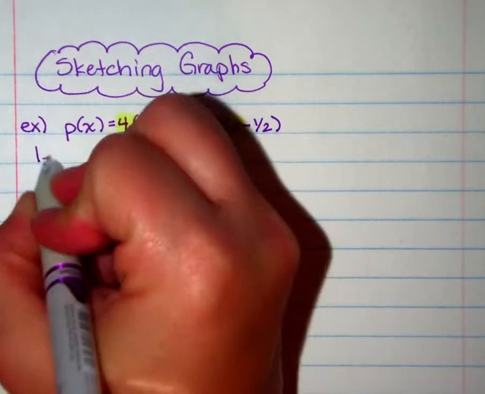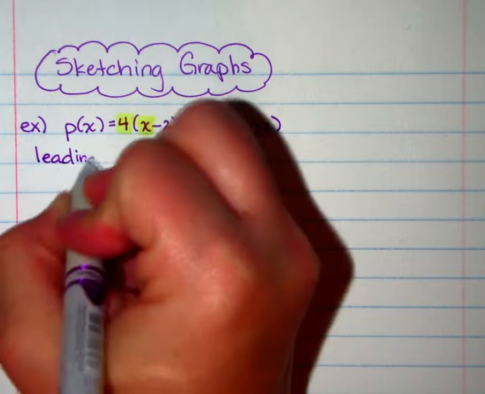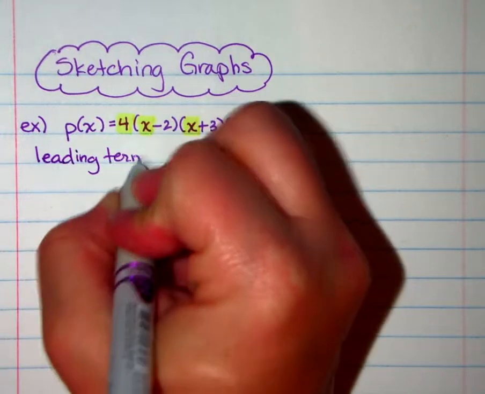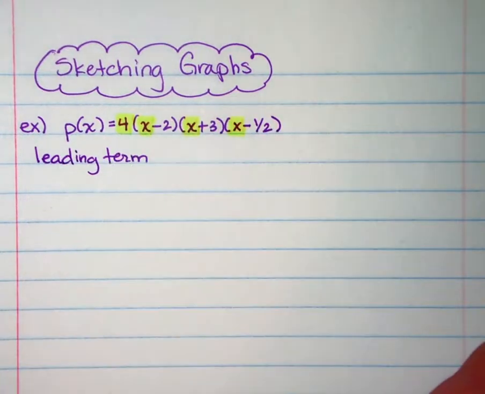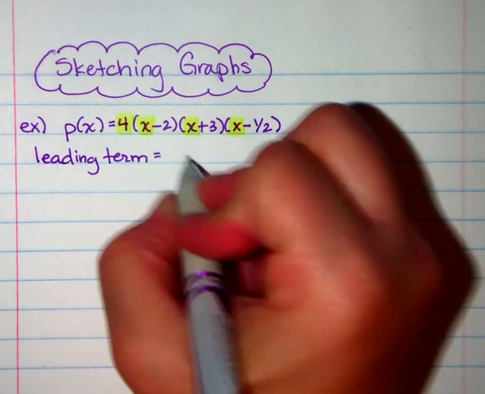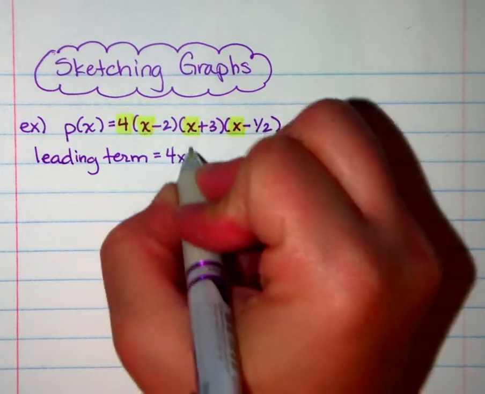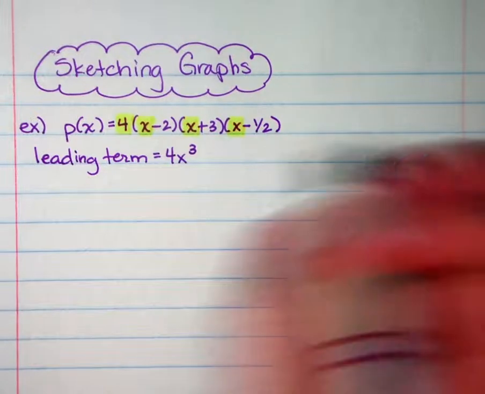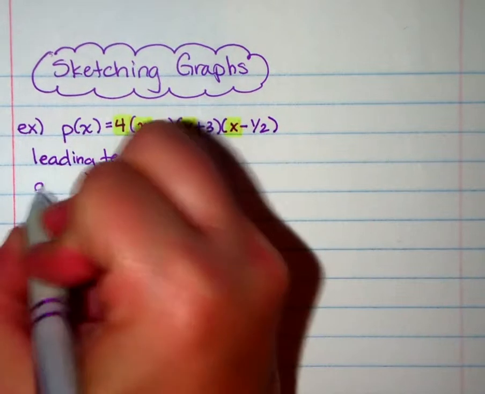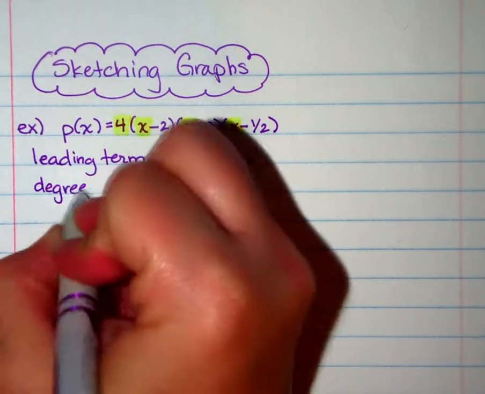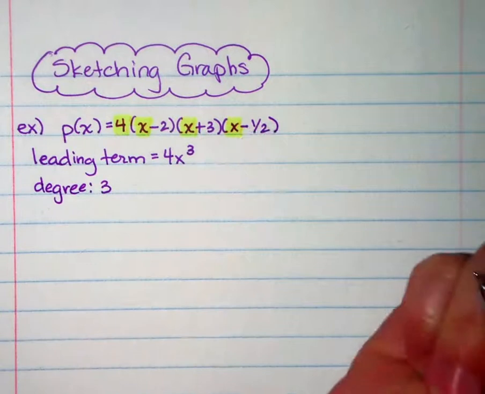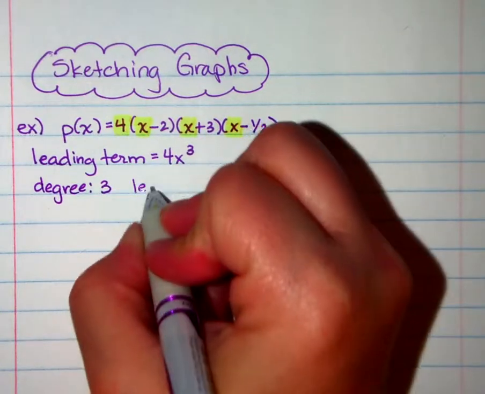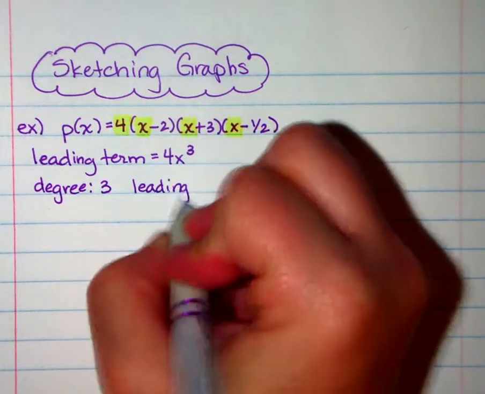So currently, I have what's called a leading term. If I were to multiply this polynomial out, my leading term would be 4x cubed. So some characteristics of this graph is that I have a degree of 3, and I have a leading coefficient of 4.